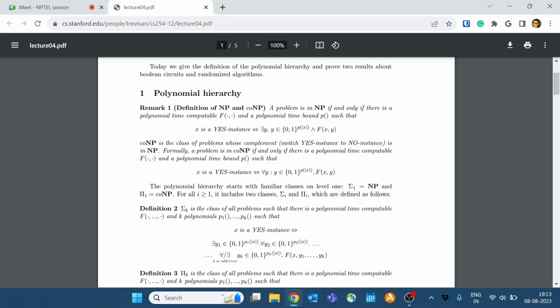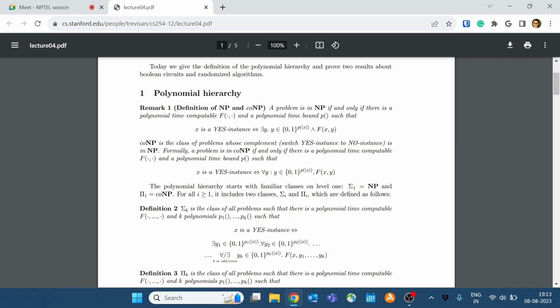It will be really helpful if you consider the definition of co-NP as well, which is given just below in this document, after the NP definition. X is a yes instance if and only if that thing, right? Let me write.